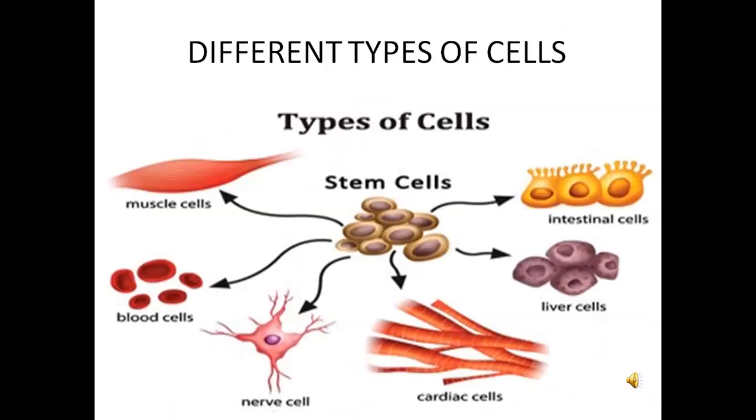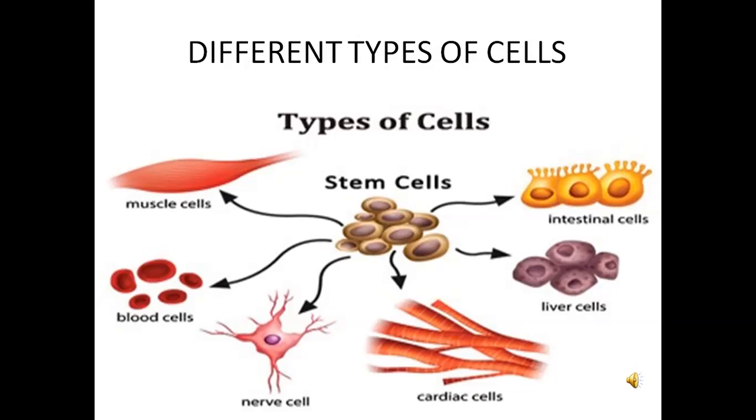Different types of cells. Our body is made up of many different kinds of cells. Each type of cell is specialized to perform a specific function. Depending on the function, a cell has a specific shape, size, and many have some components which other types of cells do not have.